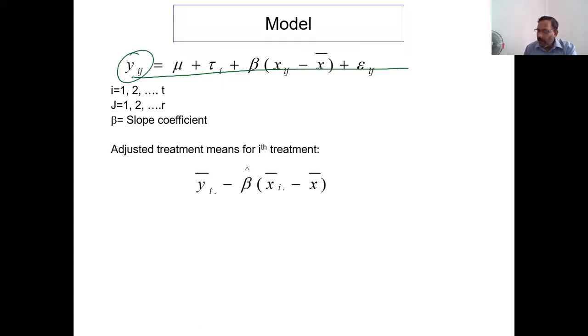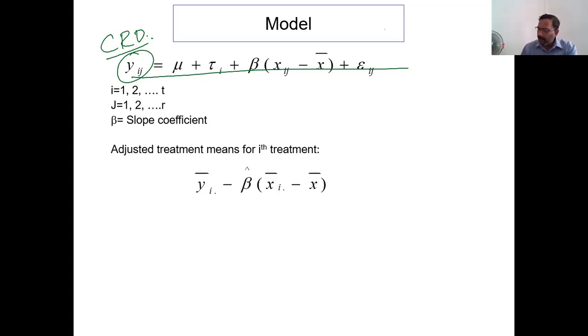Yij, this is for CRD, yeah? Because we said it is a combination of analysis of variance and the regression, so we can combine in different forms, all right?